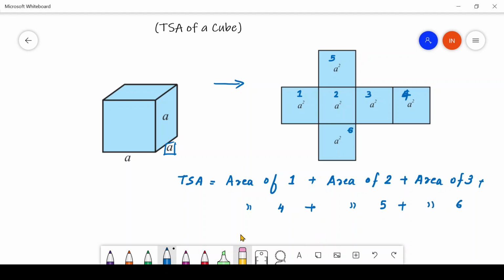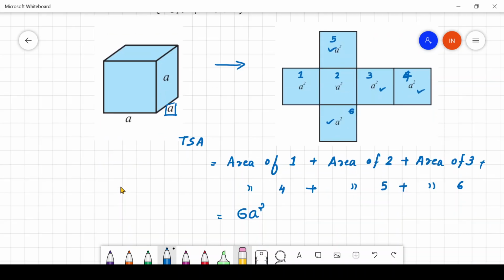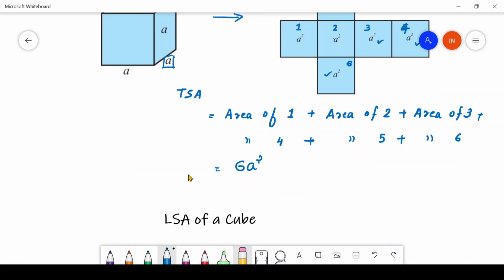When you add these together, all are a square, so a square plus a square plus a square plus a square plus a square plus a square. You have 6a square. Therefore, the TSA of a cube, or the total surface area of a cube, will be equal to 6a square, right?